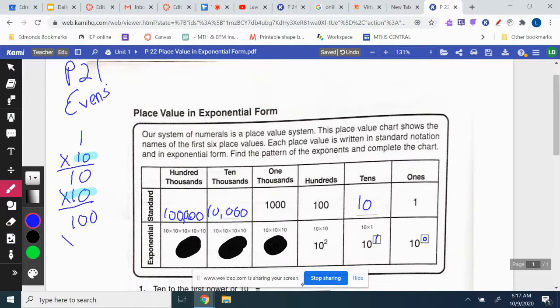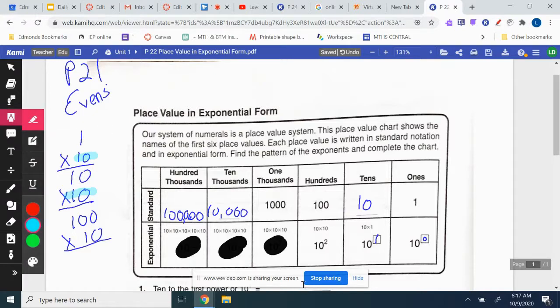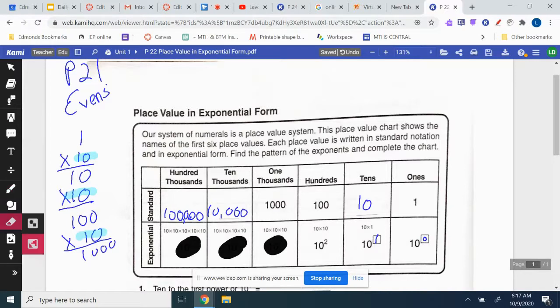So let's multiply this by 10 and see what happens. Again, I'm using the same base, and I get 1,000. So I have 10 3 times, and so that's 10 to the third power.